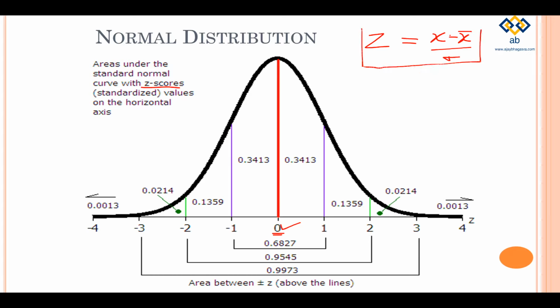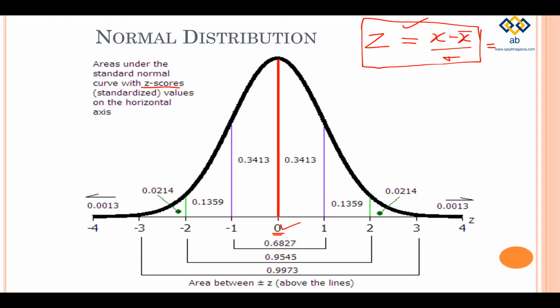Now understand it carefully. Our sampling distribution, which we have just drawn for our population of 38 and sample size of 5, is following a normal distribution, so the properties of the normal distribution are equally applicable to the sampling distribution. For the sampling distribution, the Z is calculated like this. Now see, what is this? Look at the numerator, x minus x bar.